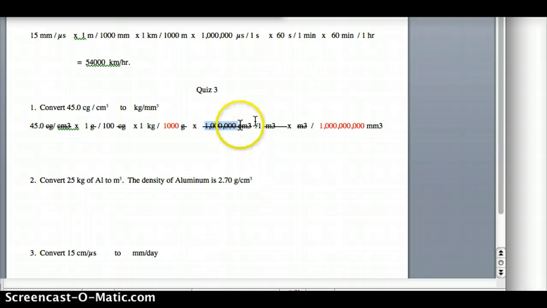So it looks like that million, I'll put that in a different color. The million would cancel out 6 of these zeros. So now I still have 1,000 on the bottom, and another 1,000 on the bottom, and a 100 on the bottom.